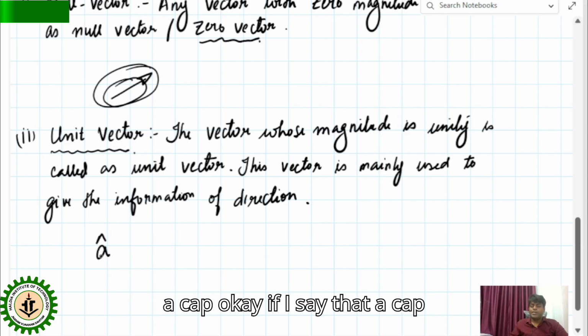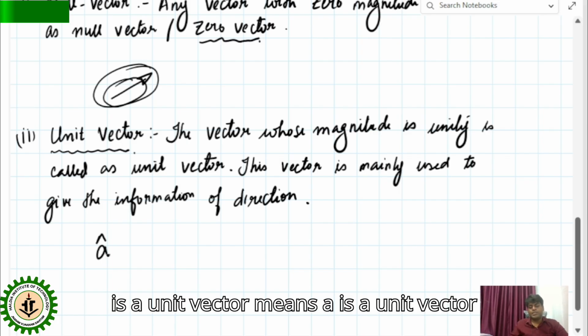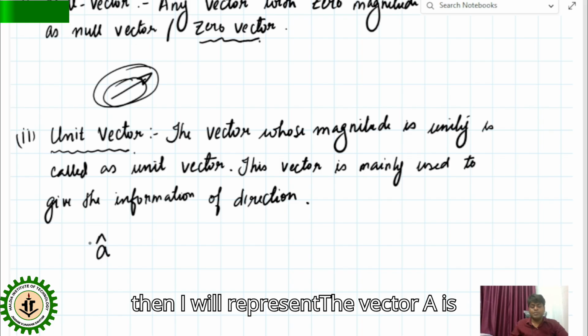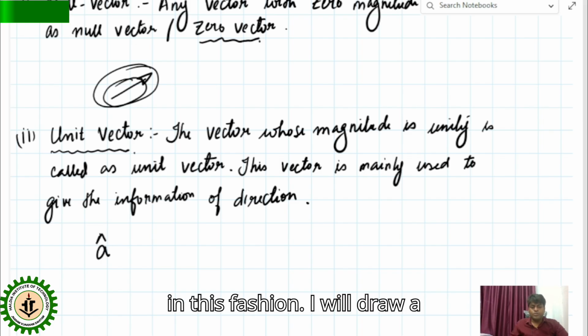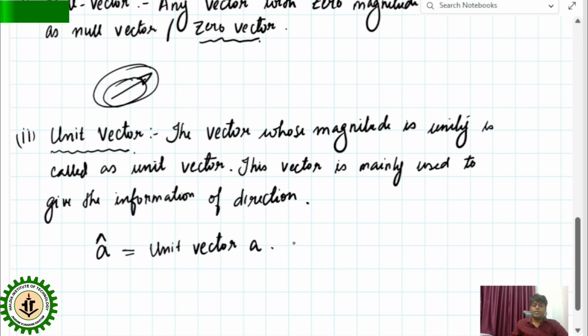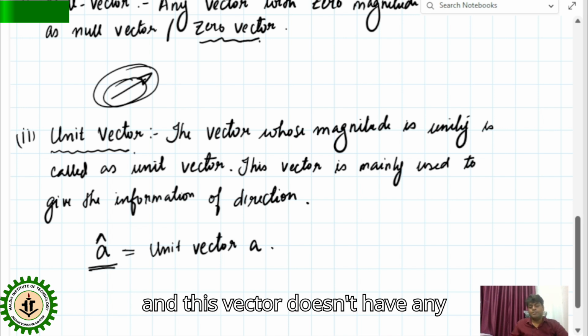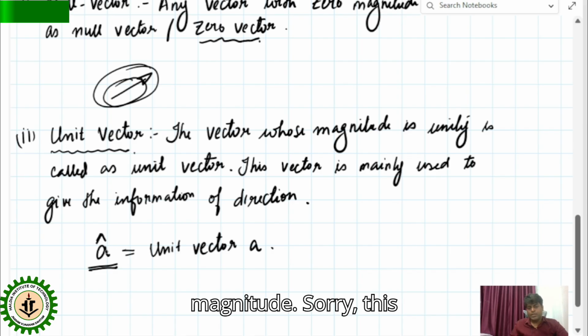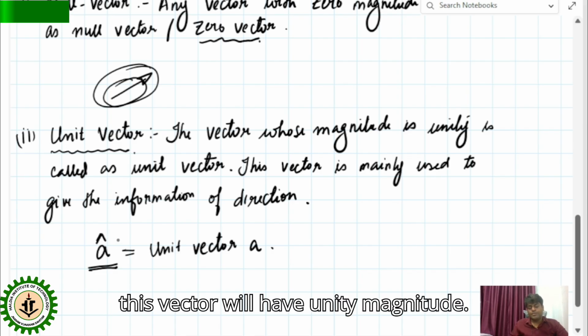If I say that A cap is a unit vector, then I will draw a cap on the top of A. This is unit vector A, and this vector will have unity magnitude.